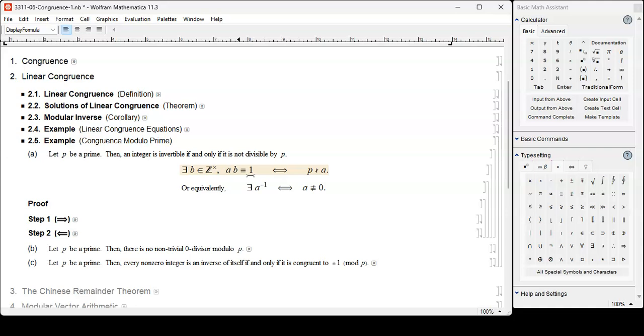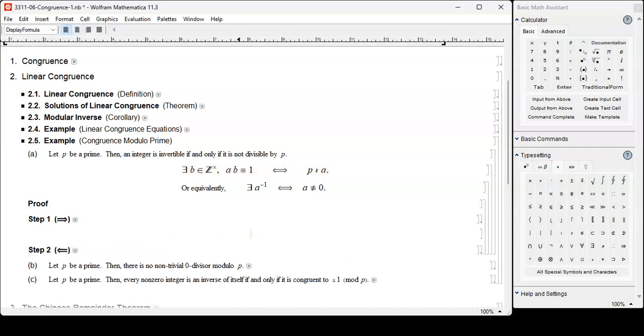We're going to prove the contrapositive. We'll assume p divides a. So p divides a, so a is p times something, an integer, which means a is congruent to 0 modulo p.